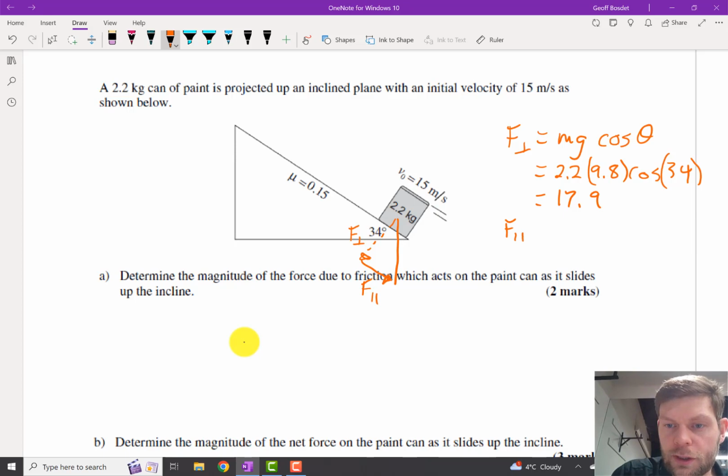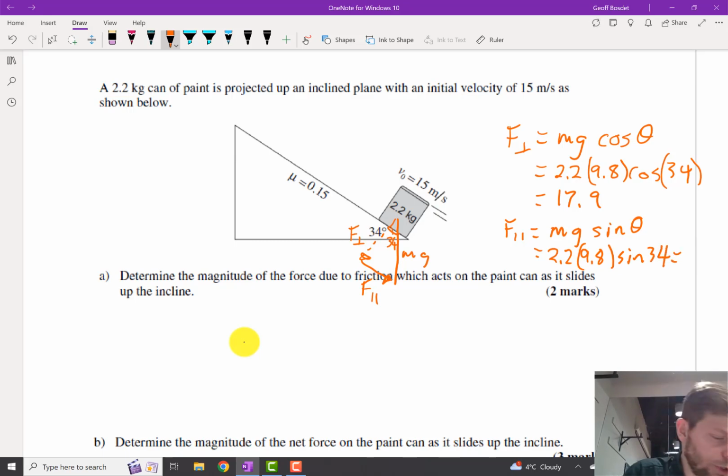And our F parallel is going to equal mg sine theta, because this is mg and this is 34. And so that's going to equal 2.2 times 9.8 times sine 34. So that's just equal to 12.